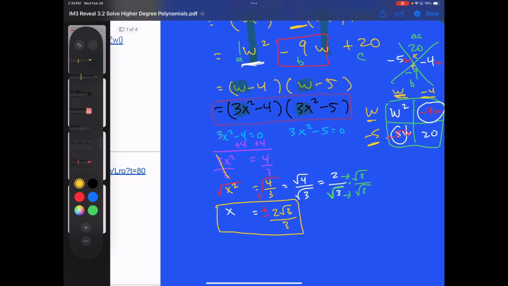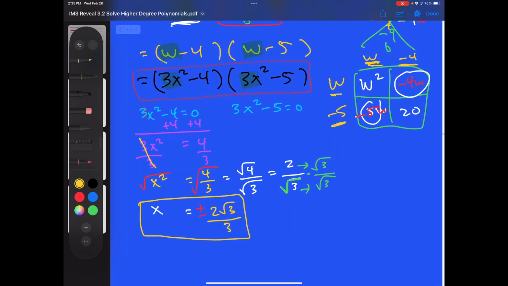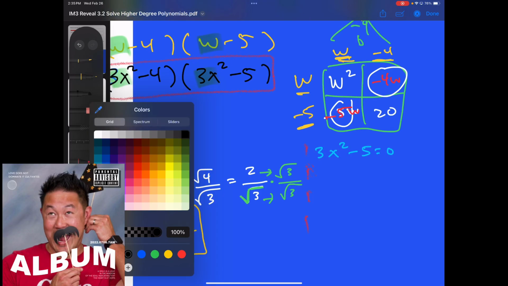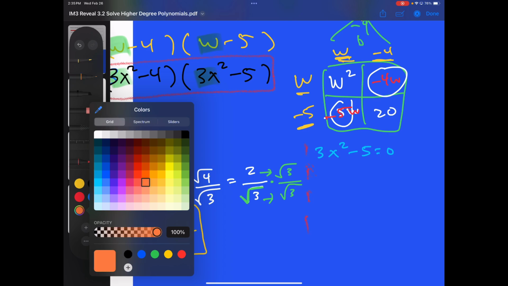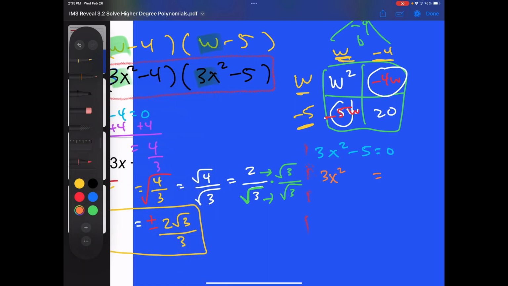With your partner now, go ahead and find the other 2 solutions. So we're going to add 5. Raise your hand if you got that. Good. Now what? Divide by 3. And you get what? 5/3.